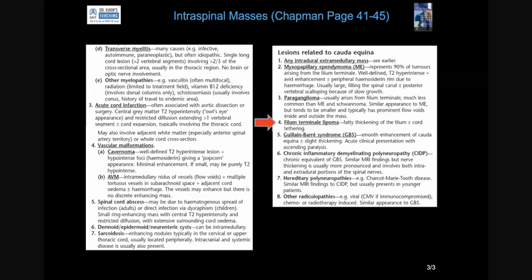So the conus normally is located between the mid portion of T12 till the upper portion of L3. But most commonly, it is somewhere between T12 and L1.